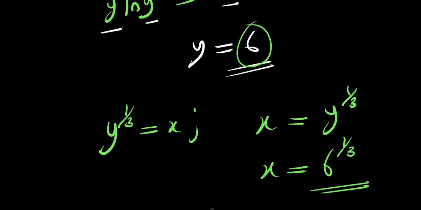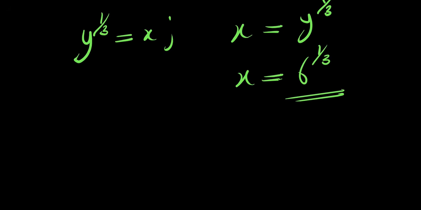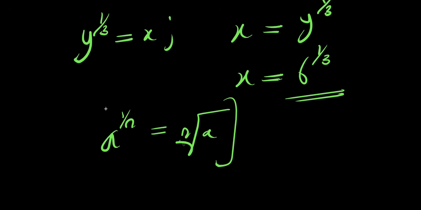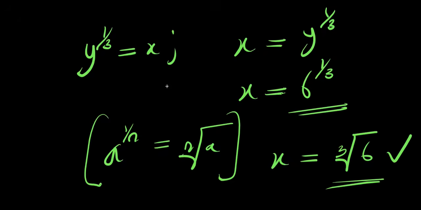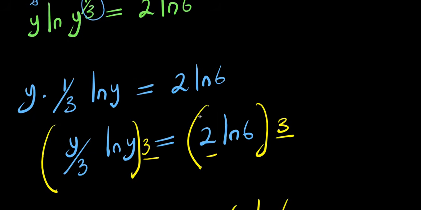This is our solution. Also remember, if you have a power 1 over n, it equals the n-th root of a, that means x equals the cube root of 6. So this is one way of solving this exponential problem.